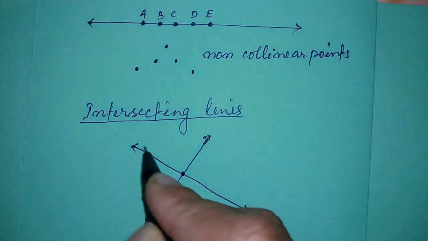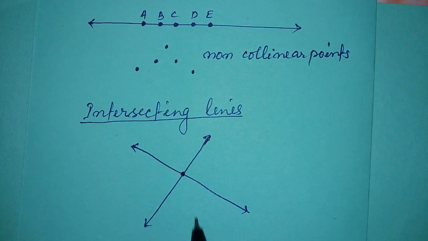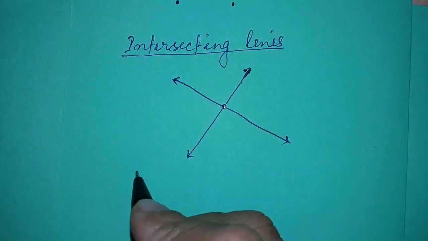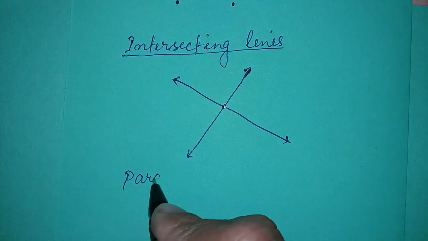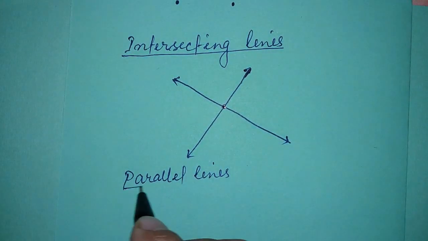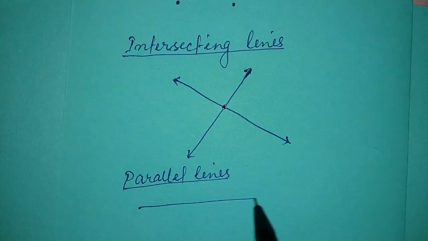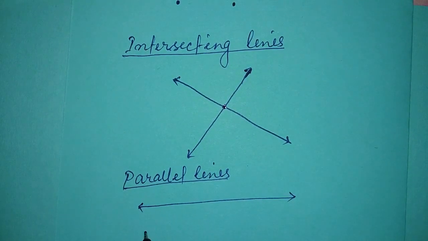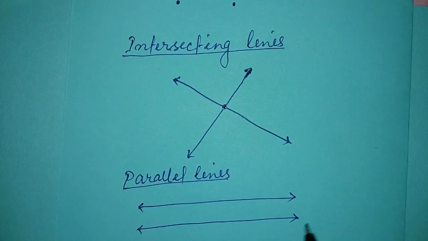So we say that these two lines are intersecting lines. That means they are intersecting at this point. Now if we say non-intersecting lines, it will be parallel lines. Now if two lines are such that they do not intersect, they are known as parallel lines.